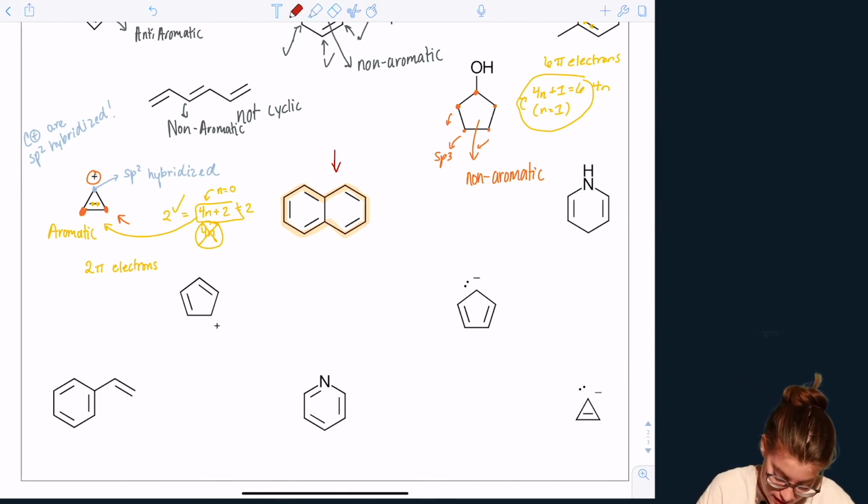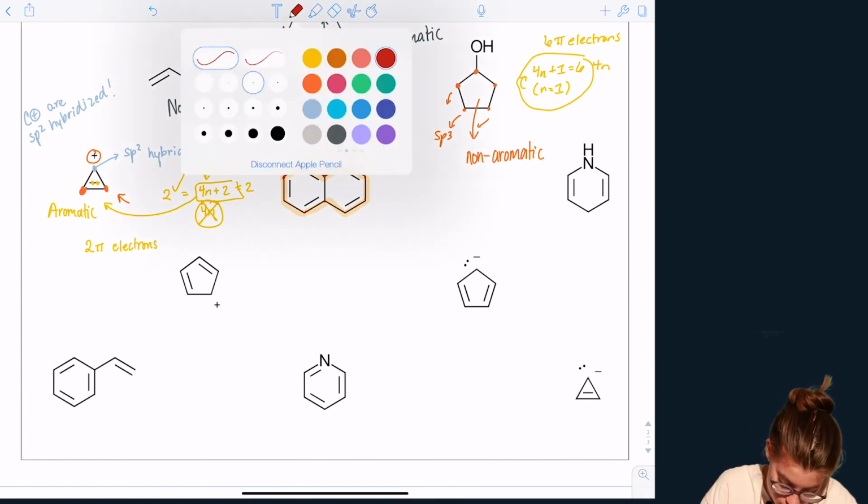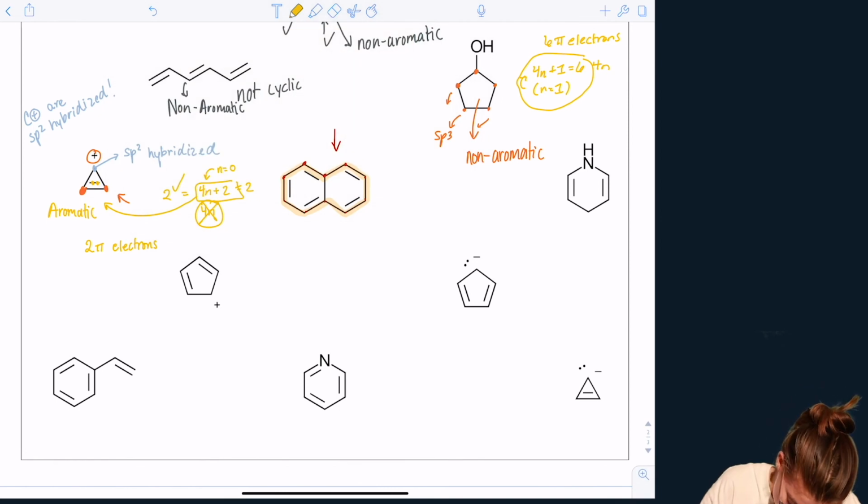So, is it cyclic? Yes. Do we have a p orbital at every atom in this big orange highlighted ring? Yes, we do. We've got one here, here, here, here, here, here, here, here, here, and here. Okay, so yes, every carbon has a p orbital. So now what we need to do is we need to count up our pi electrons. 1, 2, 3, 4, 5, 6, 7, 8, 9, 10. So we have 10 pi electrons.